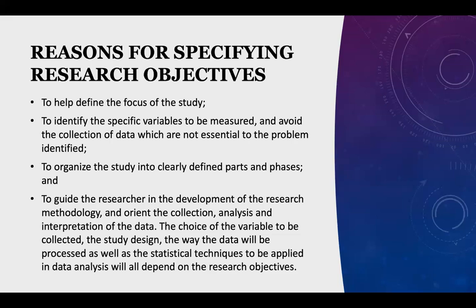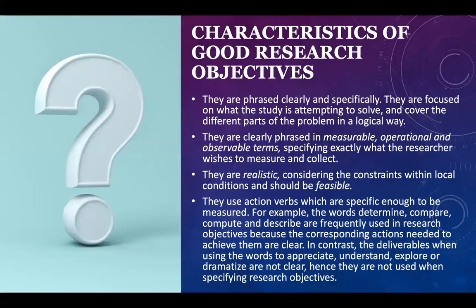So what are the characteristics of research objectives? Because research objectives play a very vital role in the research process, the researcher must ensure that they are phrased properly. We have the following desirable characteristics. They are phrased clearly and specifically.